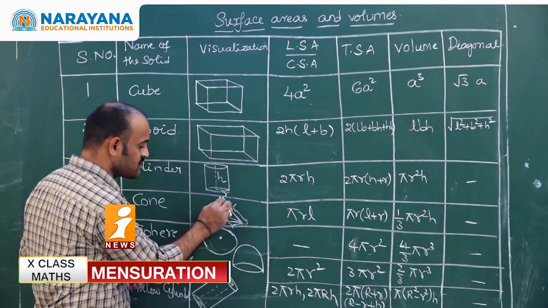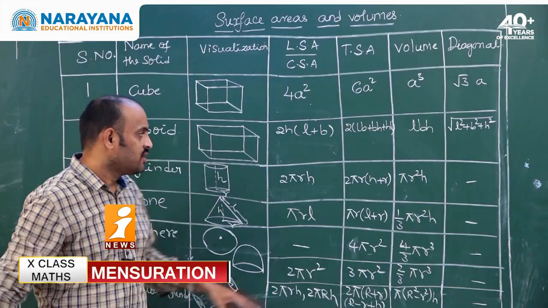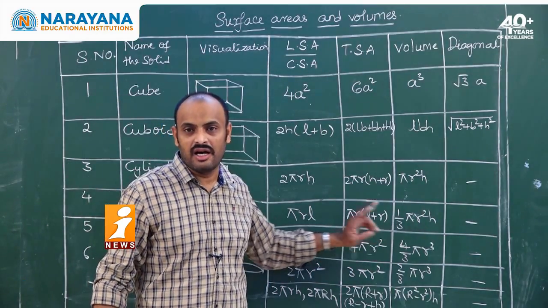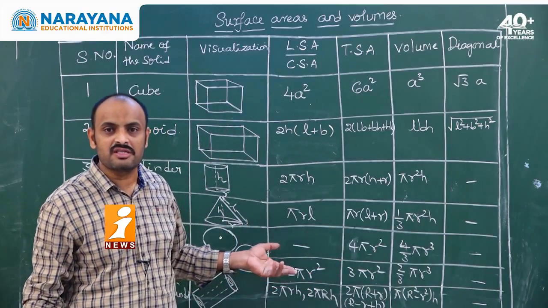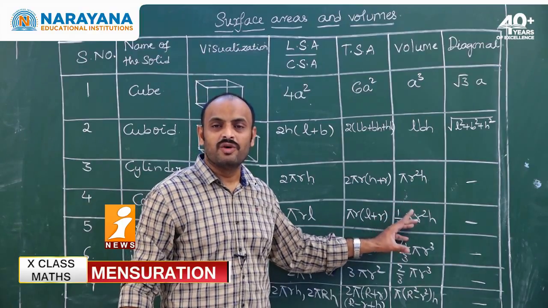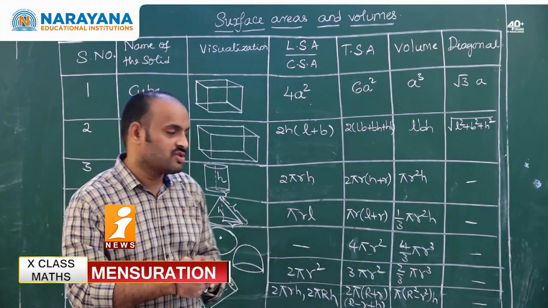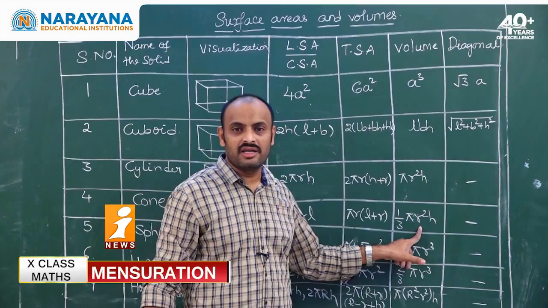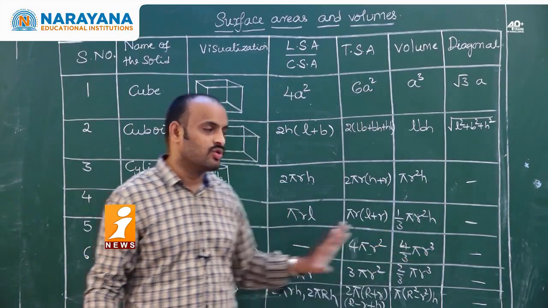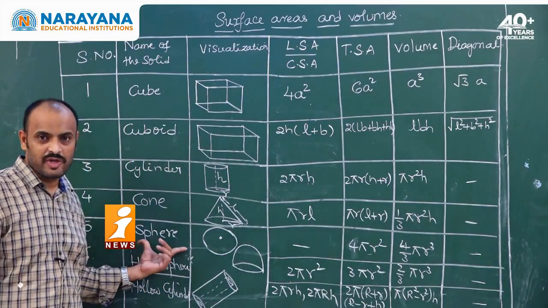Total surface area is pi r times (l plus r). Volume is 1/3 pi r square h, where r is the radius of the cone and h is the height of the cone.